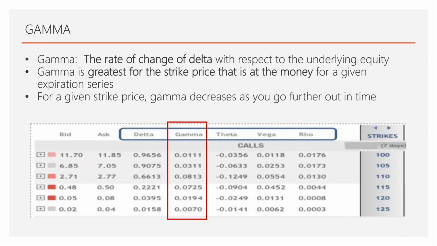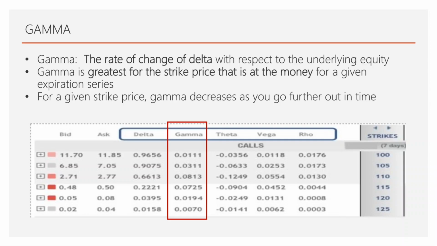I repeat, delta is the magnitude of change in options price with regard to change in stock price. Gamma is the extent of change in delta with regard to change in stock price.